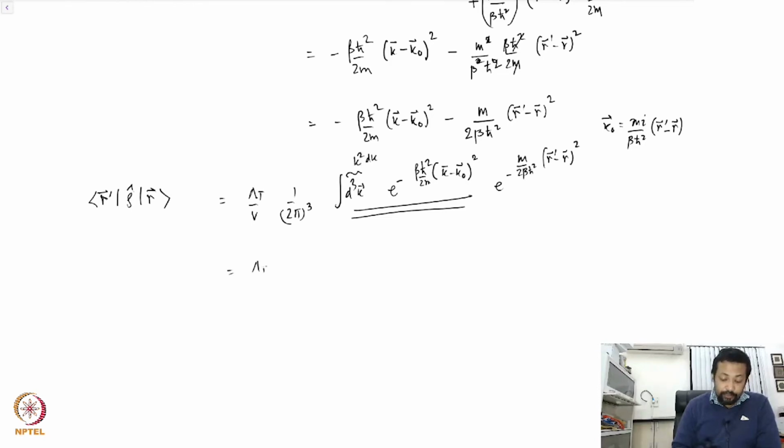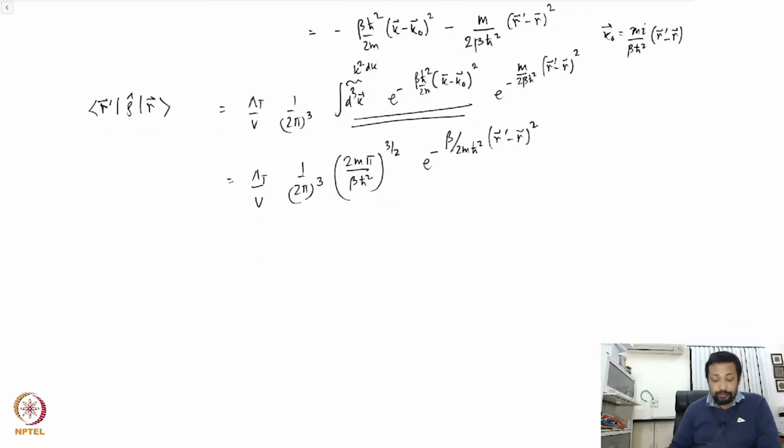And if you evaluate this integral, this is just square root pi by a for one dimension, I know, but this is now k square multiplied, therefore this is going to be twice pi whole cube. You're going to get 2m pi over beta h bar square raised to the power 3 by 2 times e to the power minus beta over 2m h bar square, (r prime minus r) whole square.